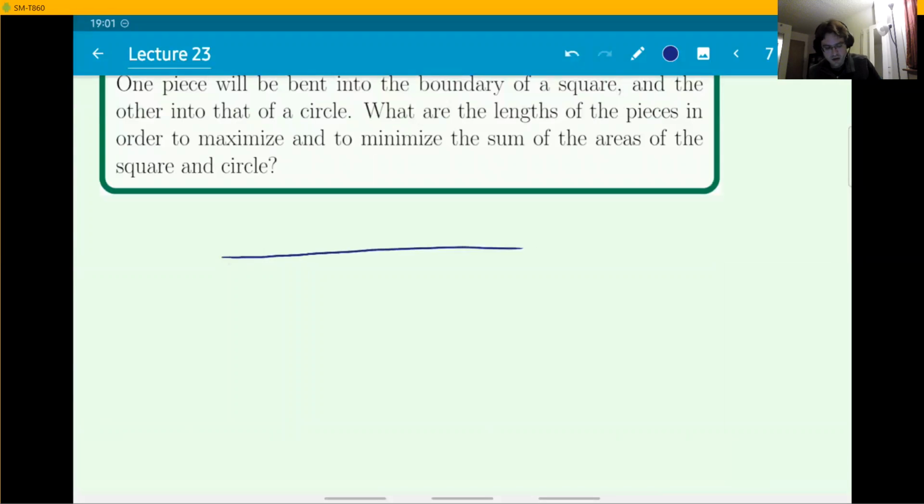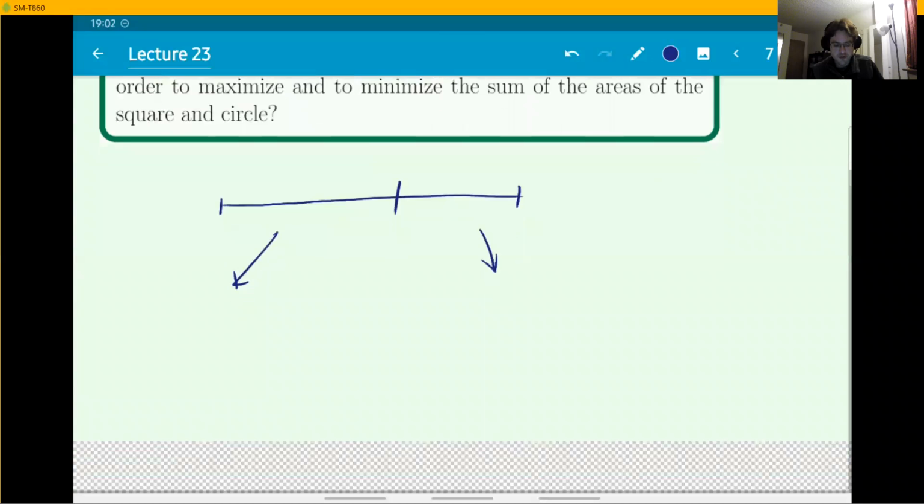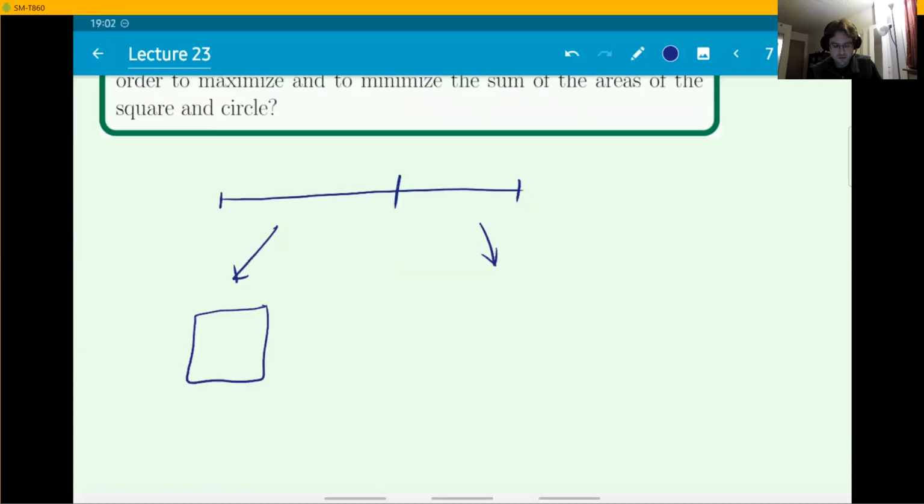So, length 1, you're going to cut it somewhere. This is what's going to give you the freedom of choosing. You can choose this point to be anywhere. And you're going to create 2 geometric figures from each one of those pieces. One is a square, one is a circle.